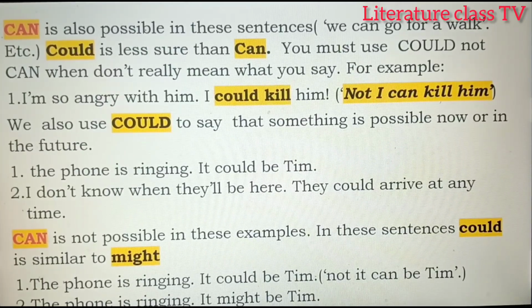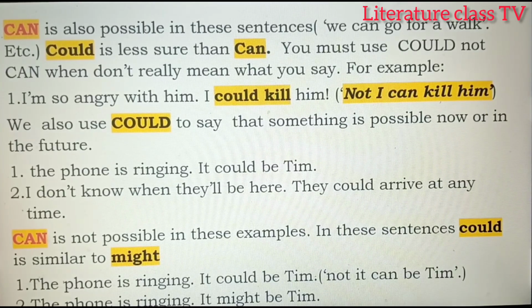Can is not possible in these sentences or these examples. In these sentences, could is similar to might. It means that could is used here as in the simple past, and might is the past of may.